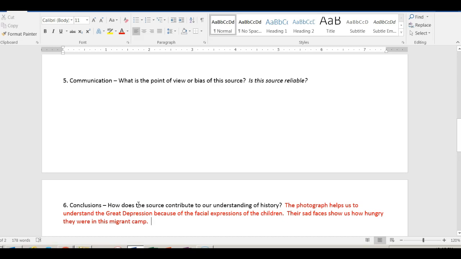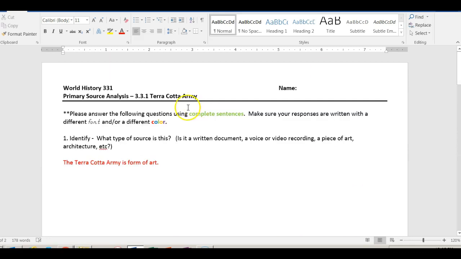Now, if it's a written document, you might use a quote to support your explanation. All right, once again, these are just examples to help you understand how to answer the questions in a source analysis. Please let me know if you have questions.